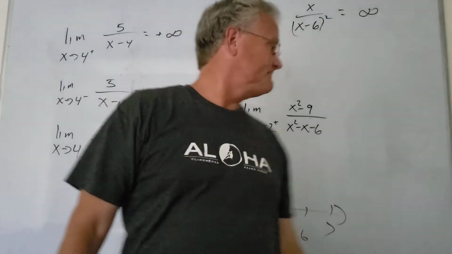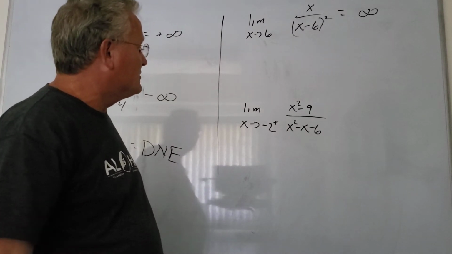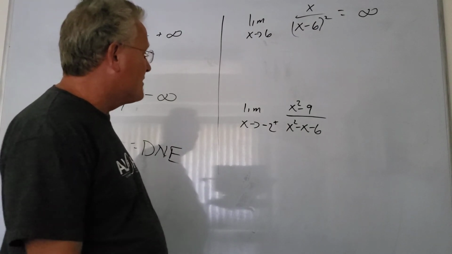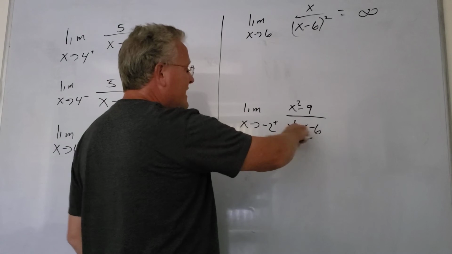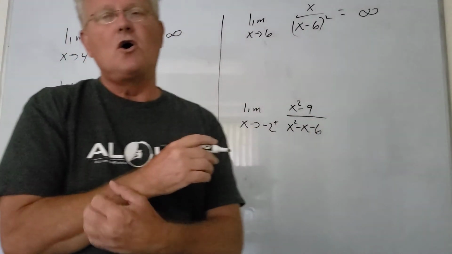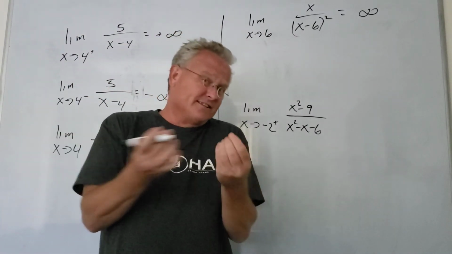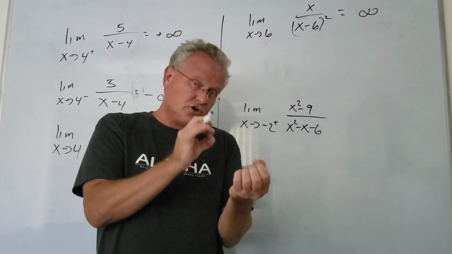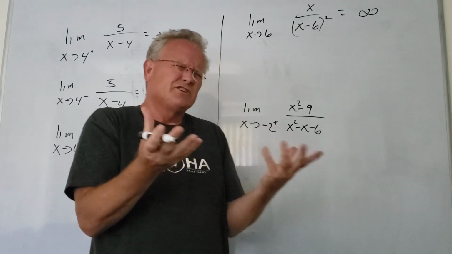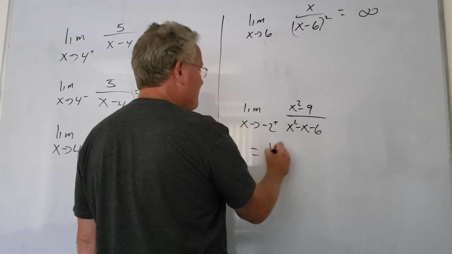And last, what about this one? Well, we could plug in our numbers here, but when I plug in -2, we're going to get some number over 0. When we divide by 0, we're not sure, it's a limit where the denominator is going to 0, and the question is, is it going to be positive or negative infinity? So what we want to do is factor.